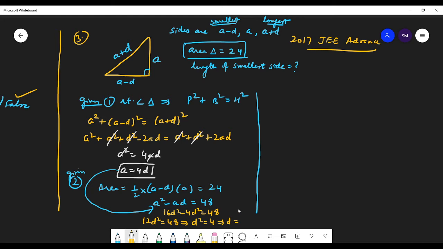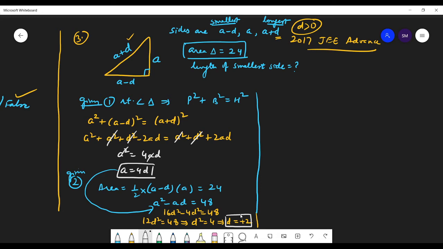But the point is that if we are considering d as positive, because then only d will be largest, we are considering d greater than 0. Yes, sir. So that is why we will take only one value, that is d equals to plus 2.